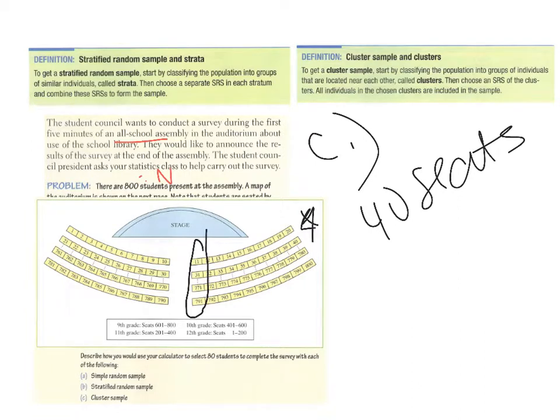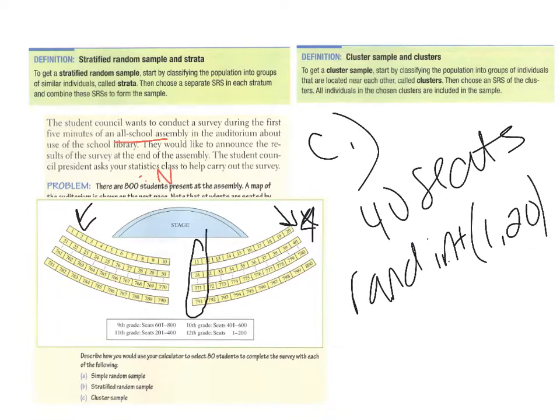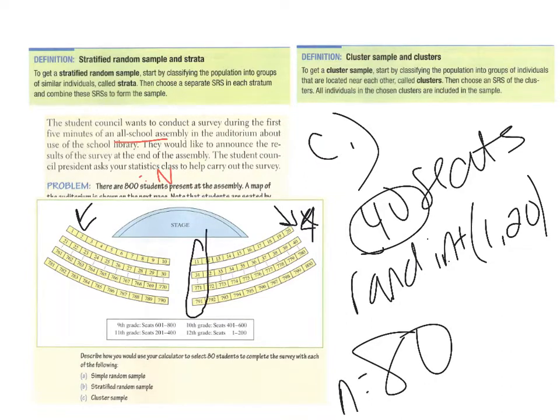So I have 1 through 20 here, right? I have 1 through 20. So this time in my calculator, I could put in 1 through 20, and I need 2 columns from those. I need 2 numbers from those because each one would give me 40 seats, and so I'd sample from 2 of these columns, let's say column 11 and column 6.